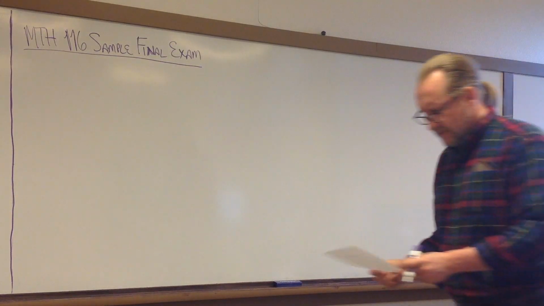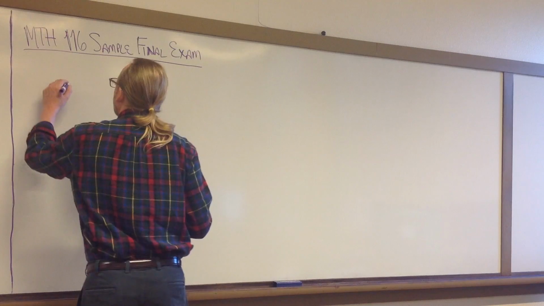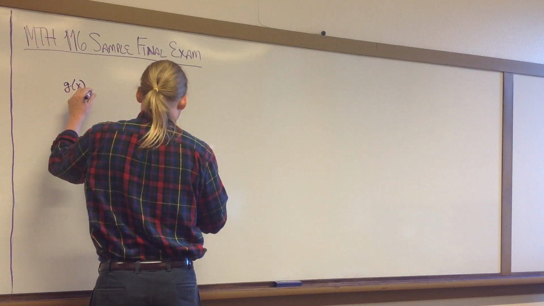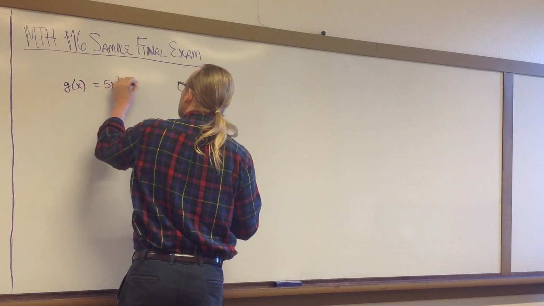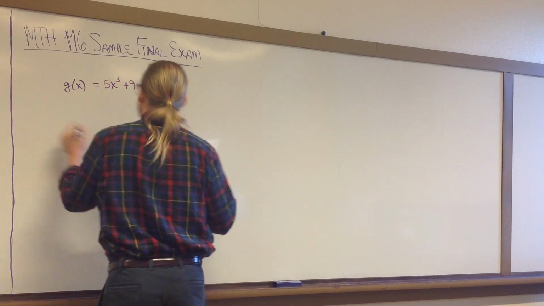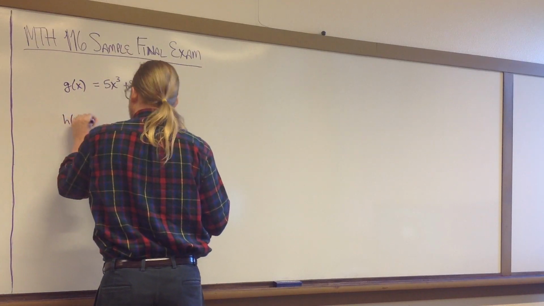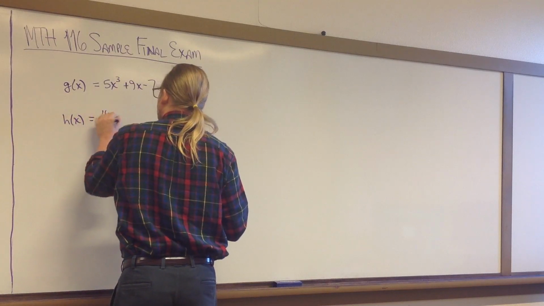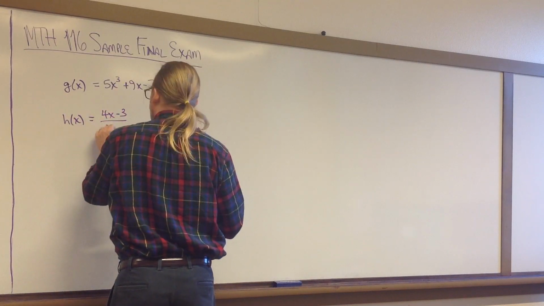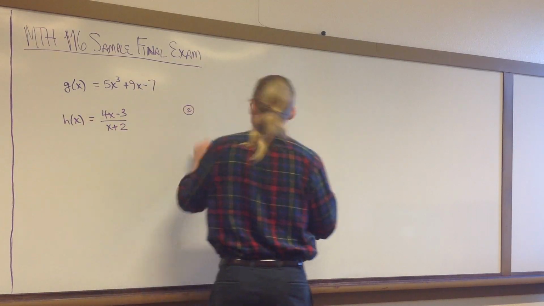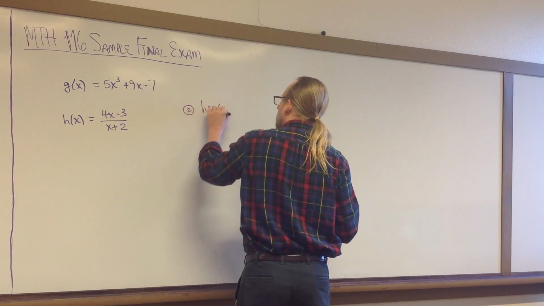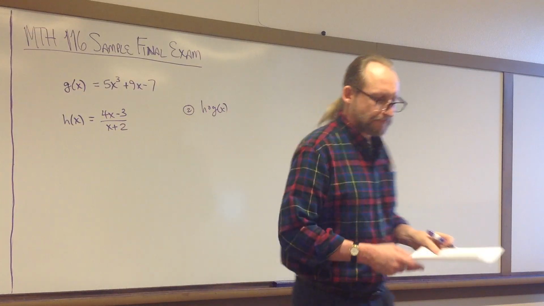Okay, let's see here. Problems 2 and 3 work off of g of x being 5x to the third plus 9x minus 7, and h of x being 4x minus 3 over x plus 2. Problem 2 says we want h of g of x.